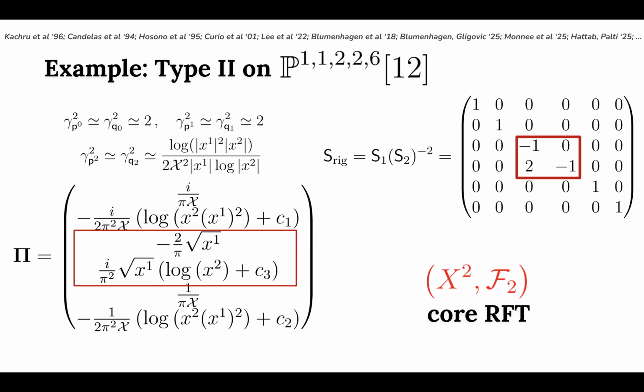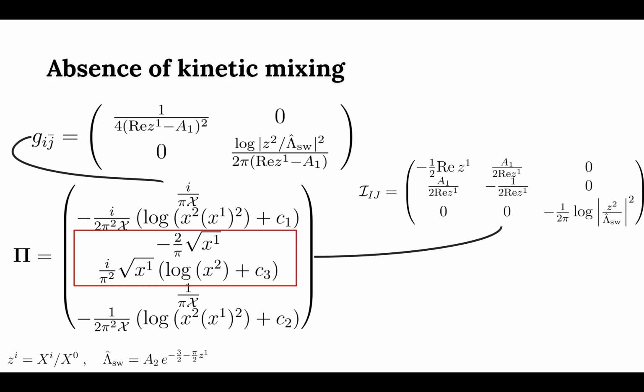Okay, so let's have a look at the EFT conditions on the couplings. The first one is the absence of kinetic mixing. From the period, we can recover the metric of the moduli space and the gauge kinetic function.